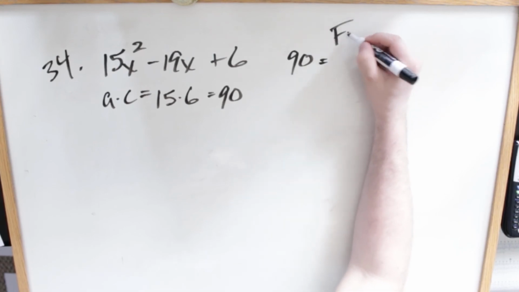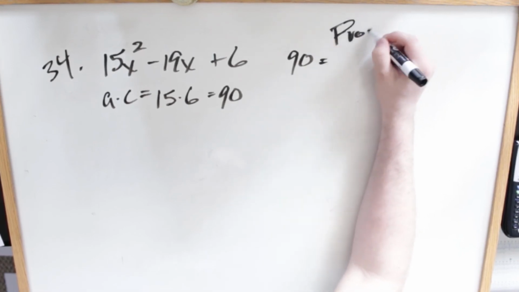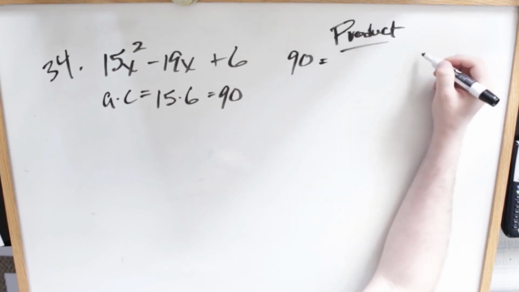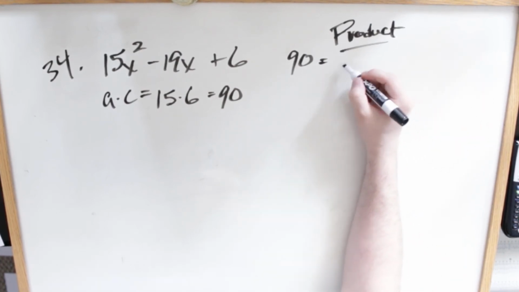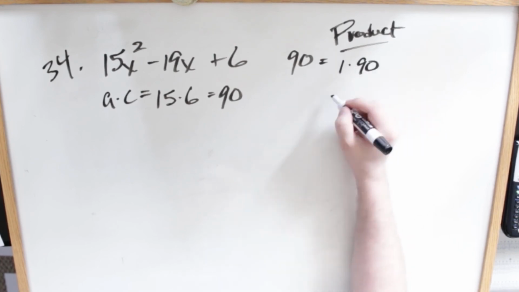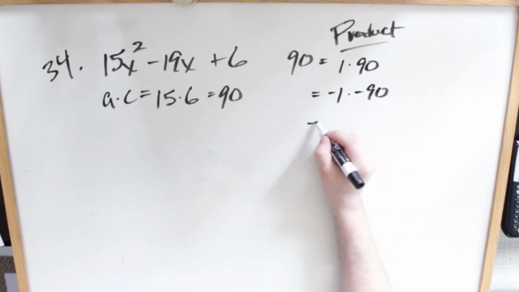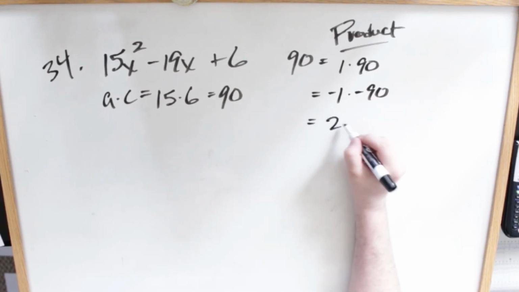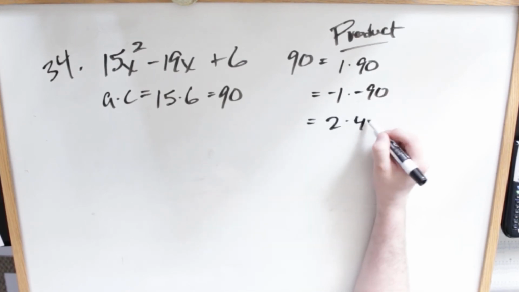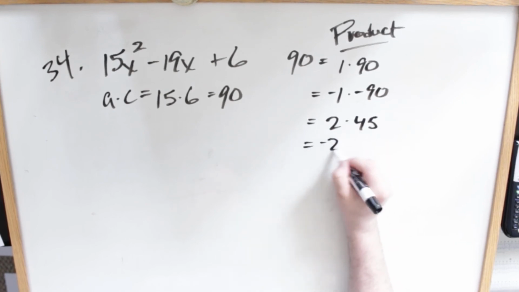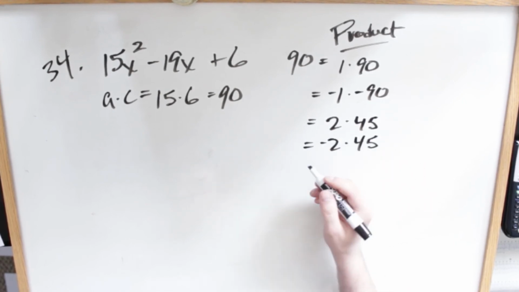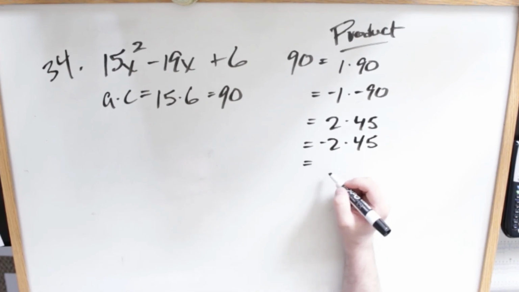So we got factors or product here. And so 90, so we'll start with 1. 1 times 90 and negative 1 times negative 90. 2 times 45. Negative 2 times negative 45. I'm going to have to write small because I have a lot of these to do.